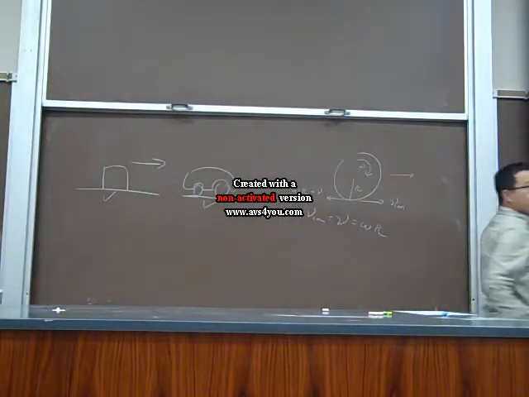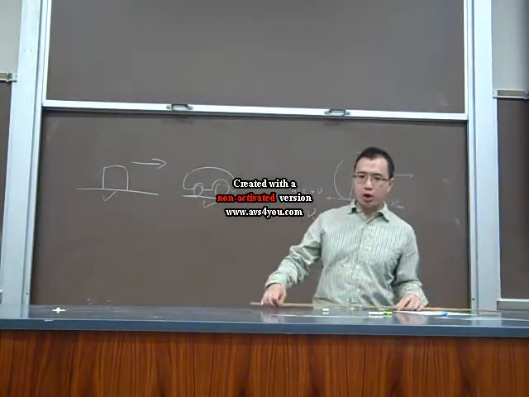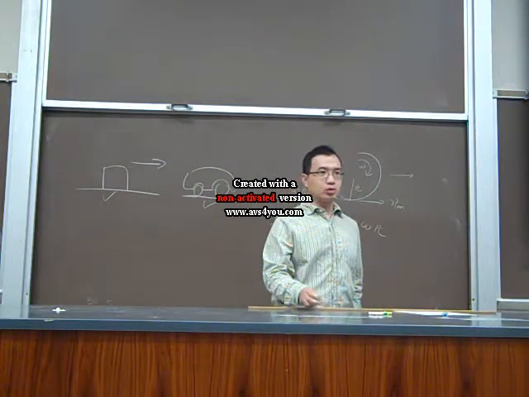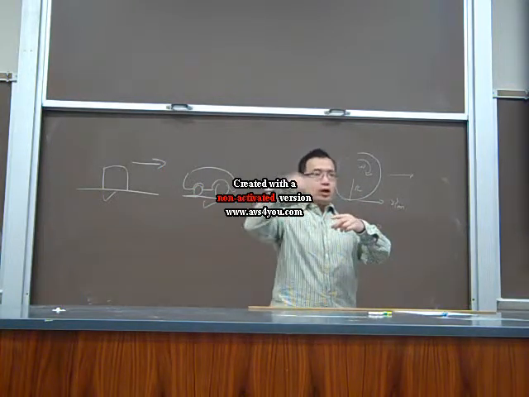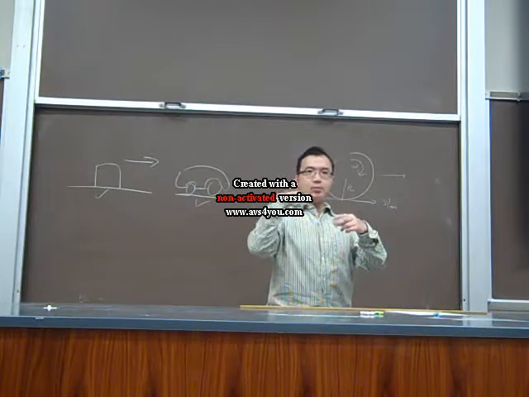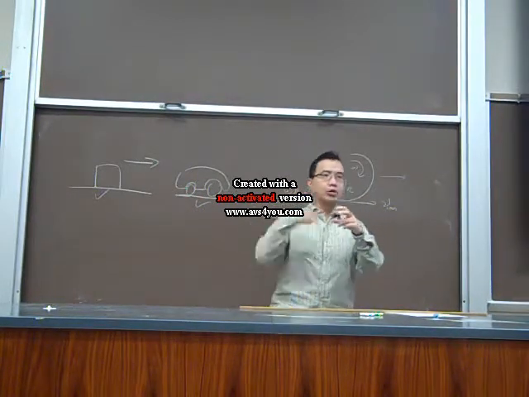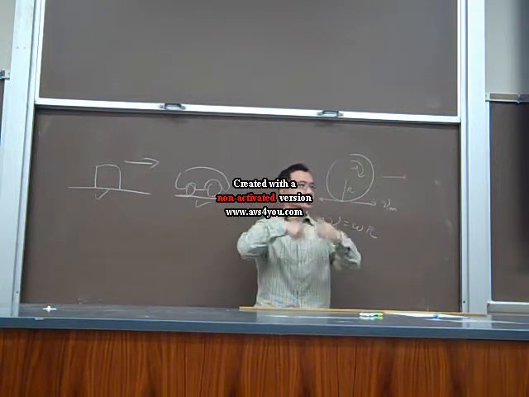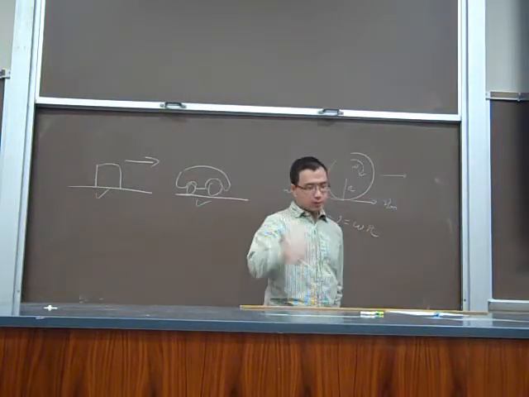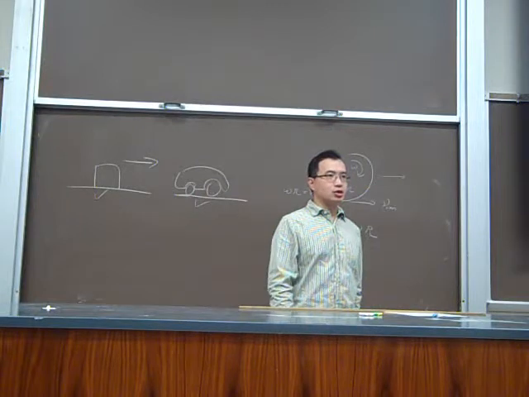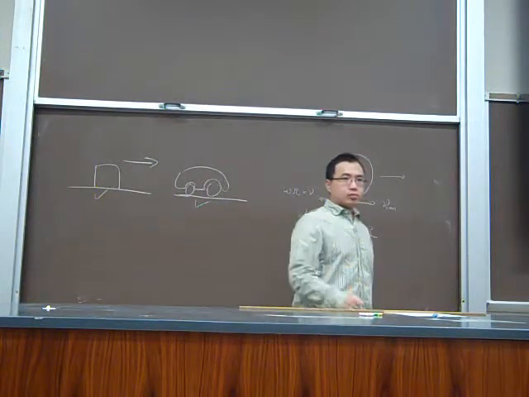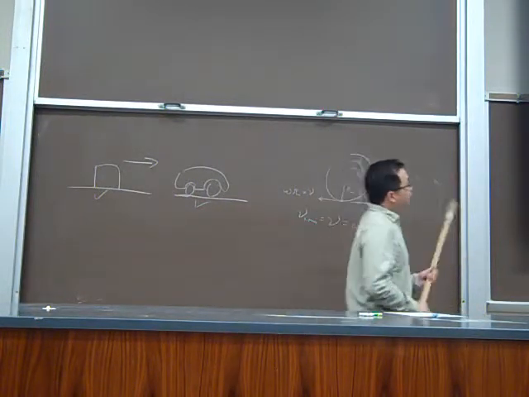For this train, we are using the normal electromagnet. If you have current going through some object, then you can produce a magnet. So that's a normal magnet.